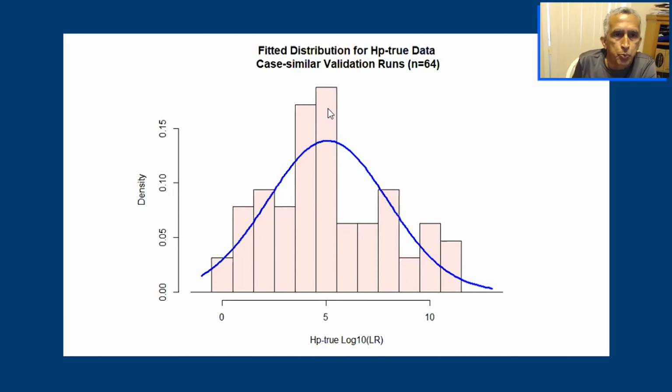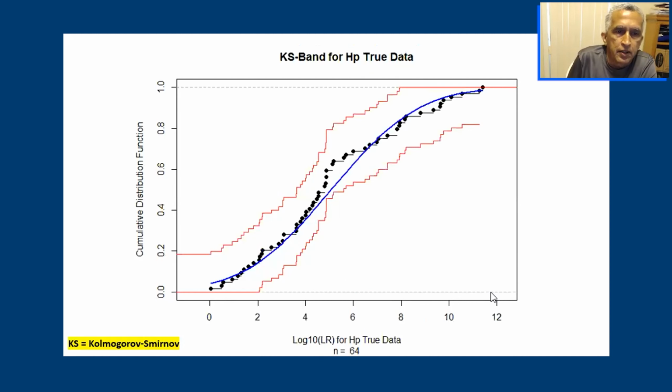So this is HP true data. I fitted a Gaussian distribution. You have to check and see that this is a reasonable model, and people have their own favorite diagnostic checks. The one for illustration that we are using here is the Kolmogorov-Smirnov test, or the confidence band shown here.